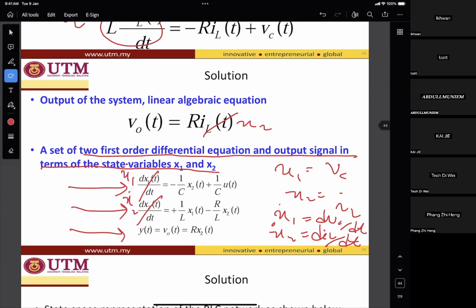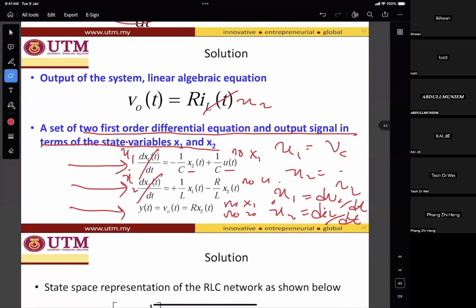You have x2 and you have u. x1 does not exist. And this one is x1 and x2. So no input u in equation number 2, and no x1 and no u in the output equation.